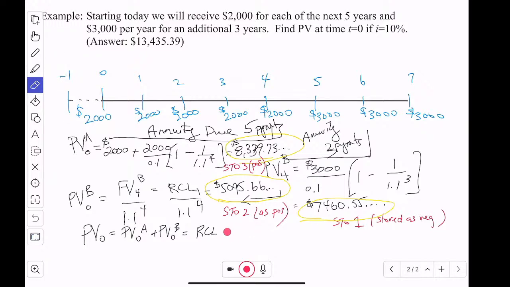Or 2 plus 3. And then you'll get this answer.